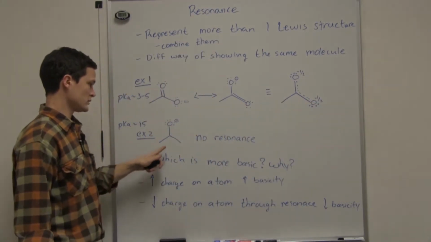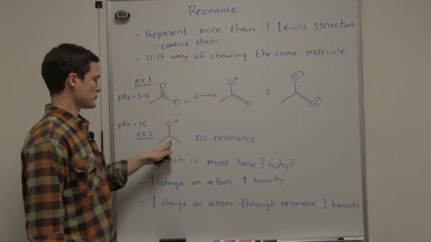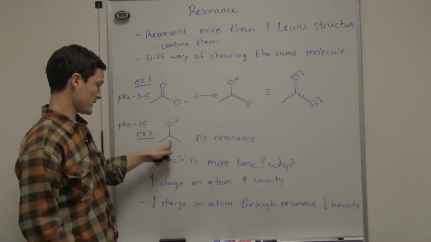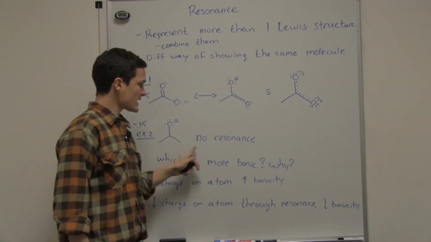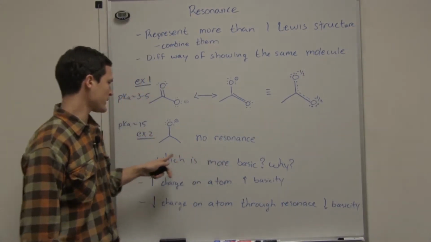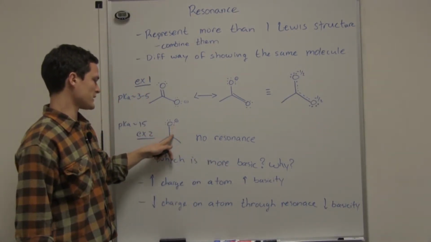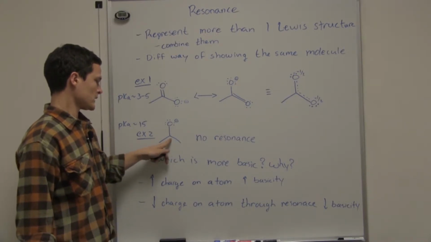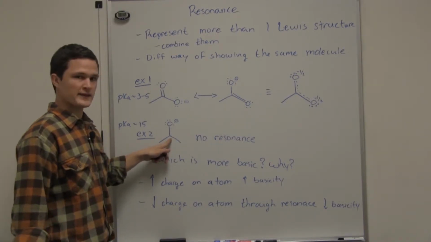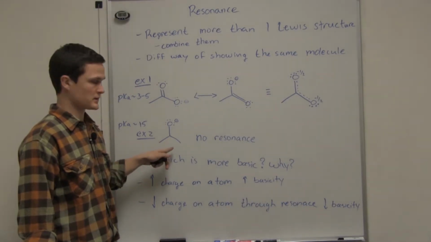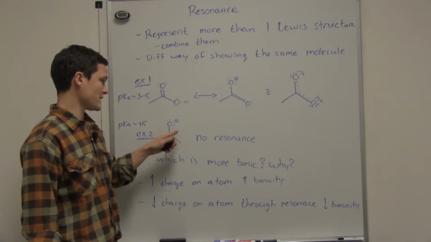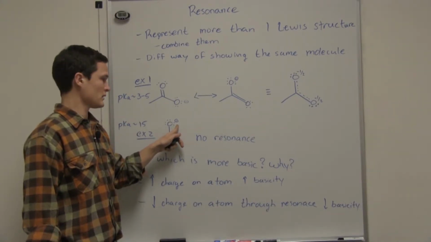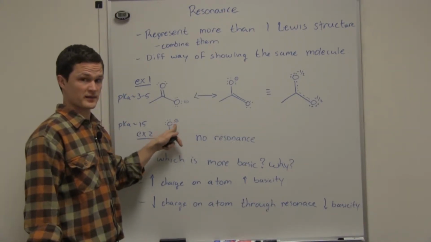Compare that to isopropyl alcohol that has lost its proton here. This has no resonance. The reason for that is if we tried to move electrons into this alkyl group, we would break the octet rule for any of these carbons. So we say that these electrons are localized, or stuck on this oxygen.